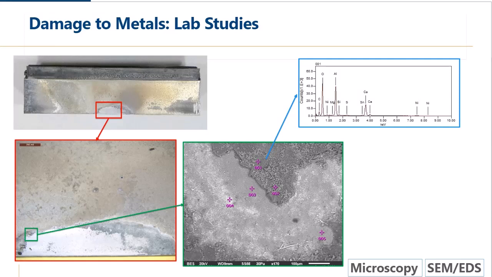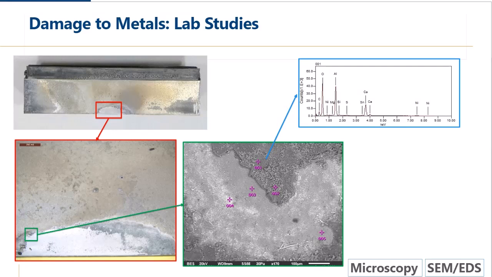The anodic layer on aluminum is an aluminum oxide layer. Often there's sulfur associated with the anodic layer because of the way it's processed. Here we don't see a lot of sulfur, but we do see a lot of calcium. And again, we've already learned that Portland cement-based materials can leach calcium from water in a rain event or in a washing event.